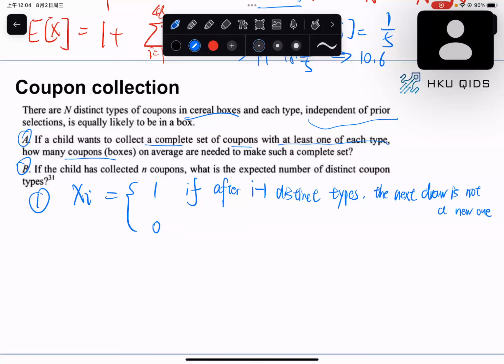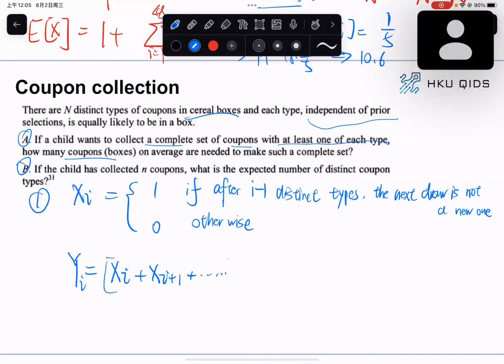Okay? Then we can have something, and this is just otherwise. And we can have some kind of Y equal to the sum of Xi plus 1 plus blah, blah, blah. And I just denote it with Y.